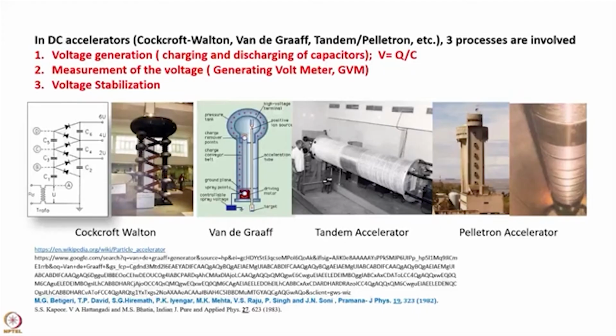This is Van de Graaff, and this is 2 MeV tandem accelerator at BARC, and then the pelletron at TIFR. So these are some of the accelerating systems, accelerators, which are DC type, and in these it is necessary that voltage is stabilized and energy is known very accurately.